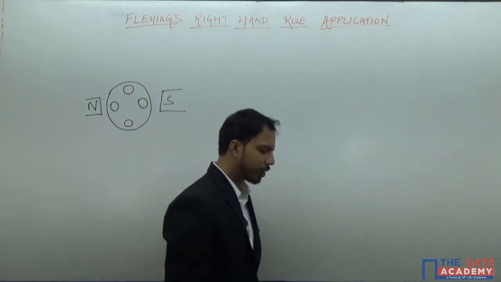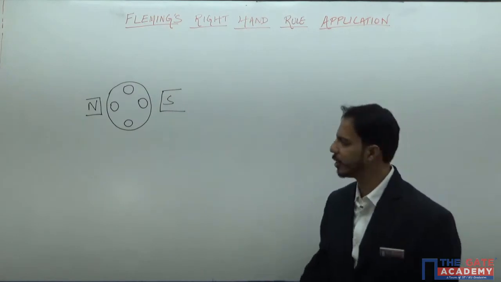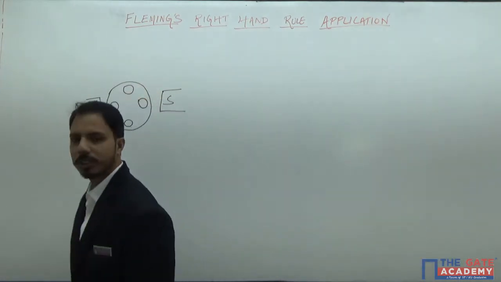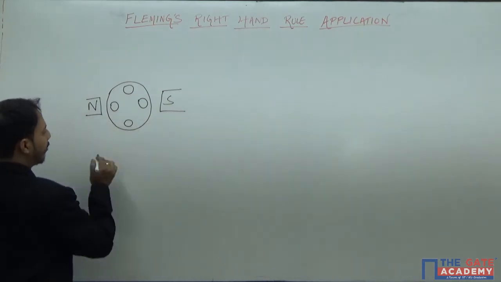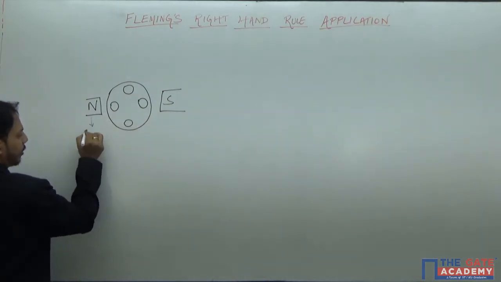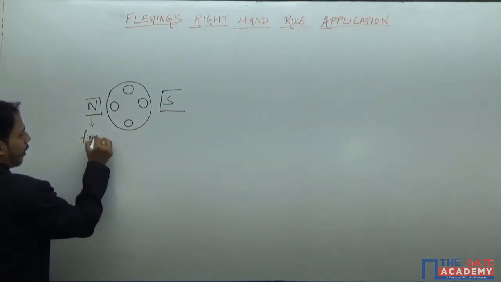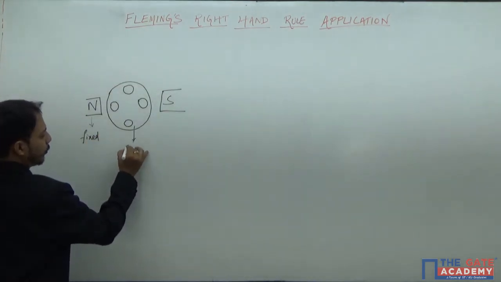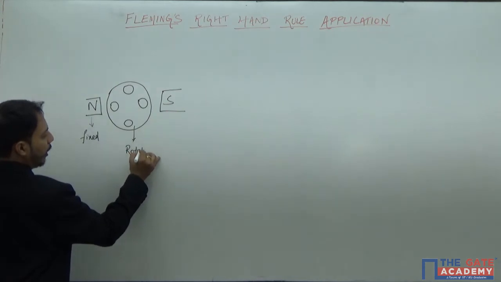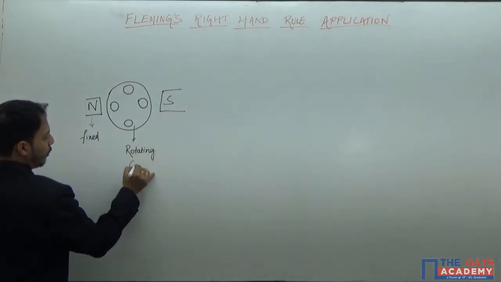There are 4 slots in the rotor and conductors will be placed in these slots. Let us say these poles are fixed, and the rotor is rotating clockwise.